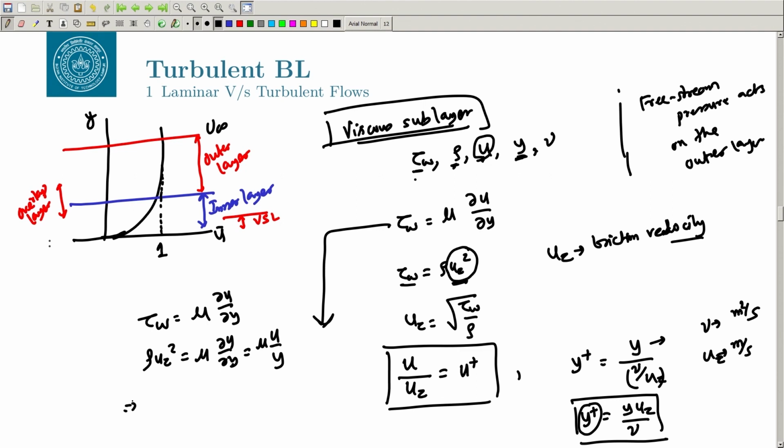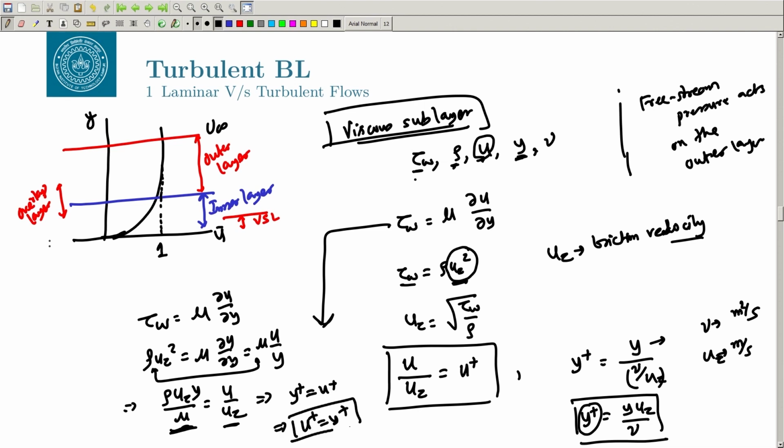Then you can reorganize it and take this y to the left hand side. So this is rho u tau y by mu is equal to u by u tau. I have just reorganized these two terms. What is this? This is y u tau by nu, and this is u by u tau. So we got y plus equal to u plus, or basically u plus is equal to y plus.